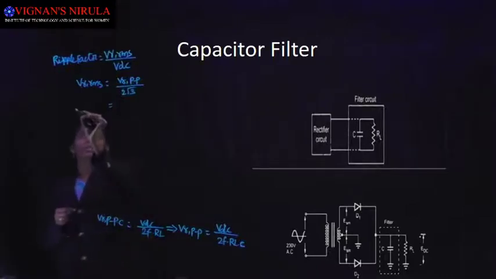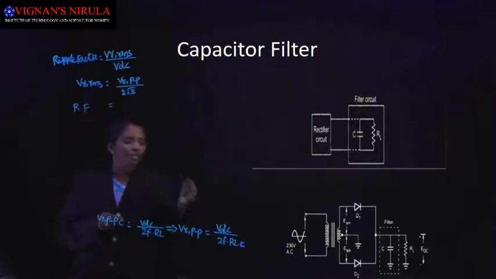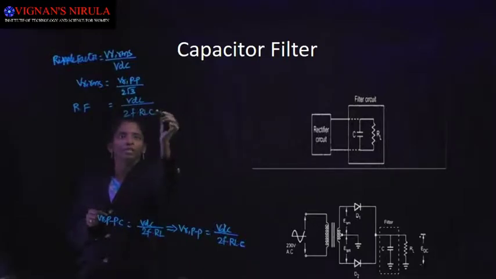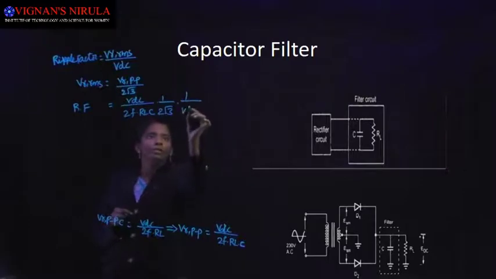Then the ripple factor equals VR peak to peak, that is VDC divided by 2F into RL into C, into 1 by 2 root 3, into 1 by VDC.